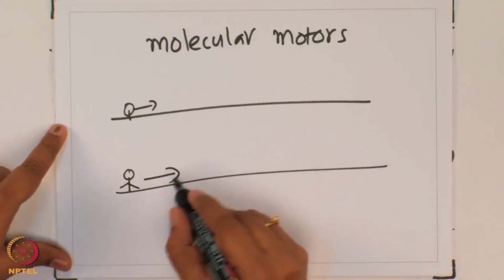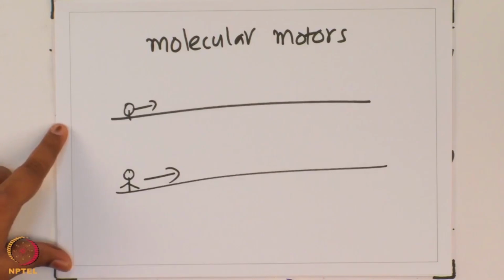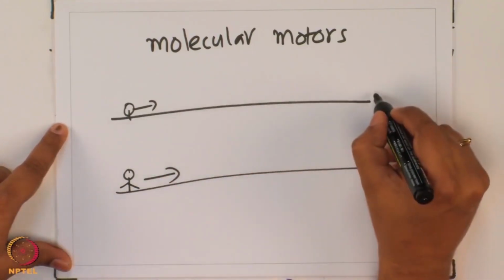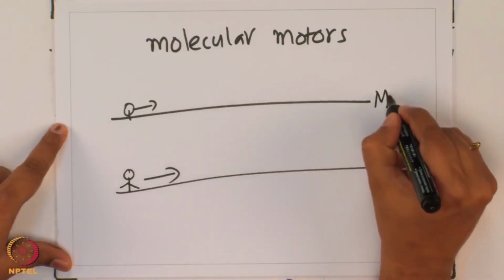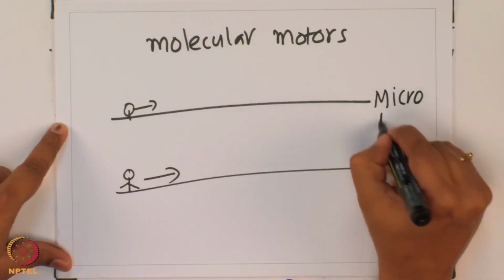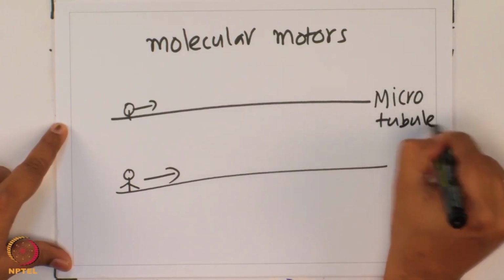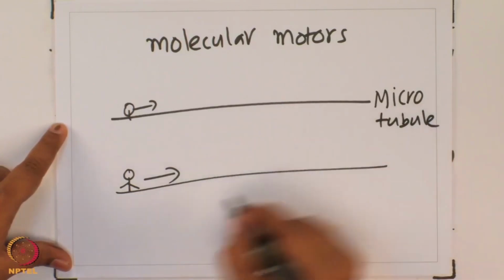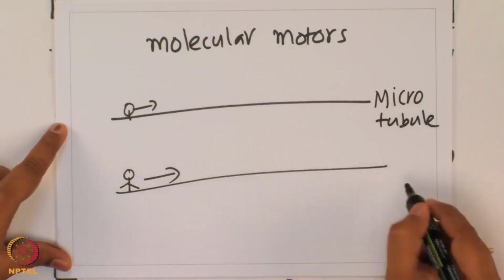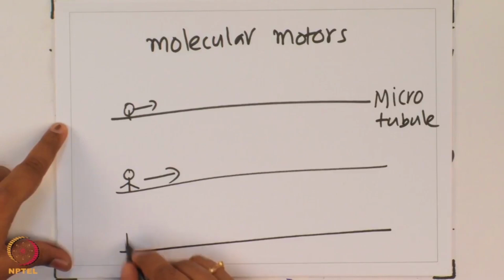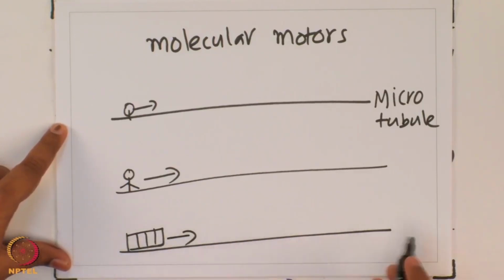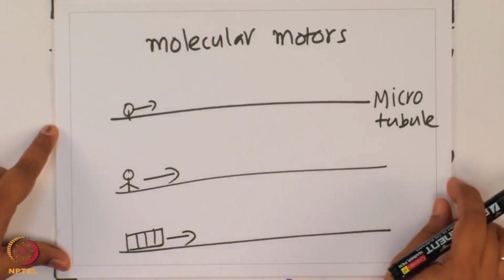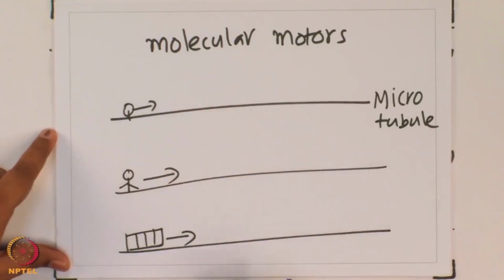A molecular motor walks along some microtubule in cells, or we are walking along a track, or even a bus or a train going along a track. These are different experiments that you can think of, different machines going along a track.